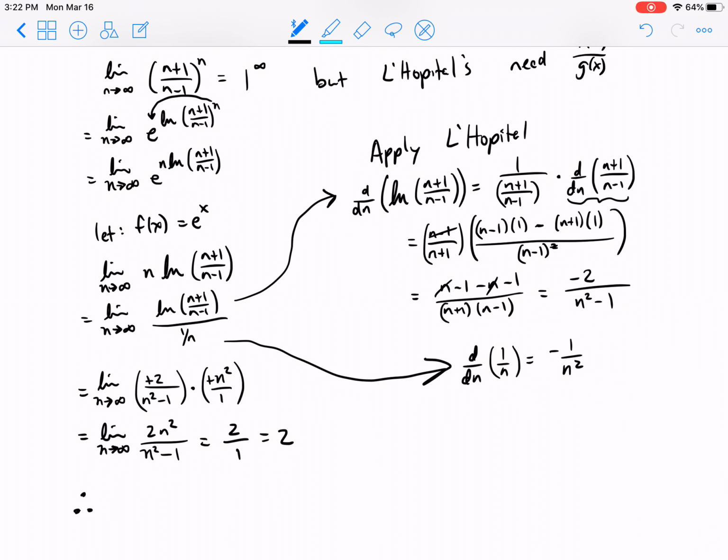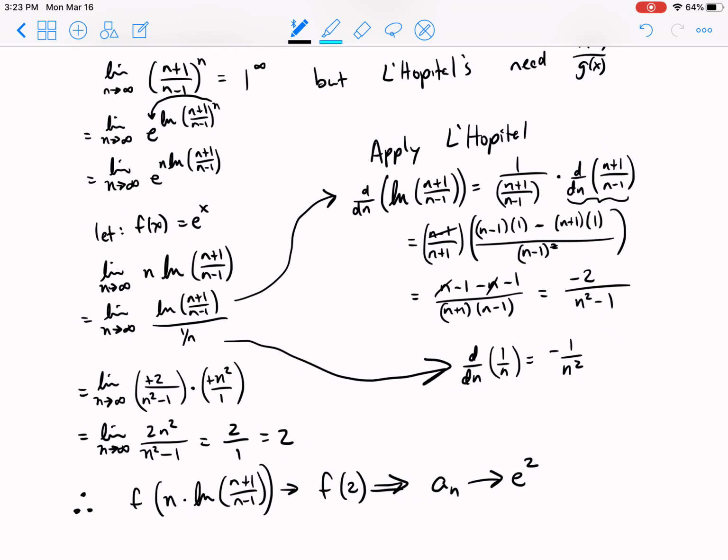Therefore, we've got that limit. Our f of n times the natural log of n plus 1 over n minus 1 goes to 2, and then a to the n is going to go to e squared.